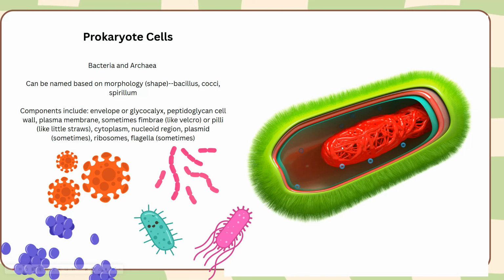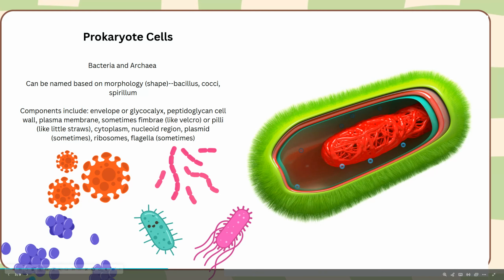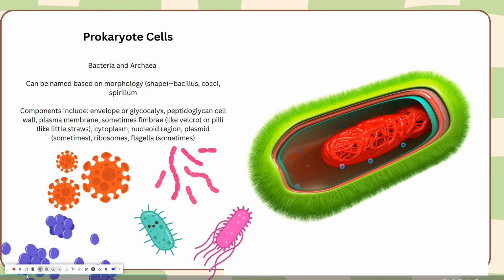We also will have ribosomes. They are a little bit different in structure than our eukaryotic ribosomes, but they do help to make proteins for our prokaryotic cells. Sometimes we'll have flagella, which are like tails that whip back and forth to move our prokaryotic cells. But really, that is about it when we're looking at these more simple prokaryotic type cells.